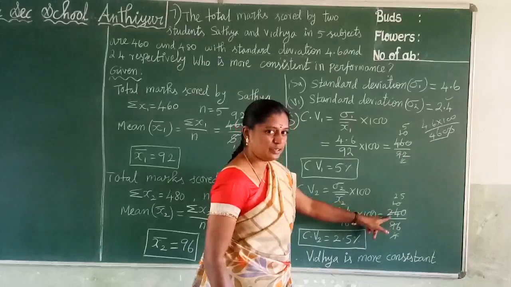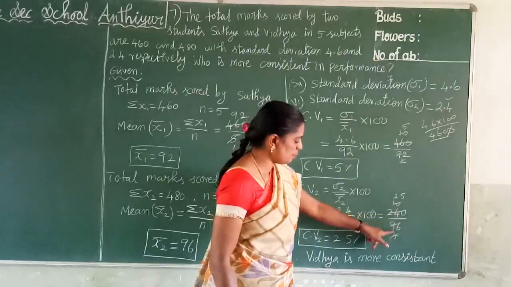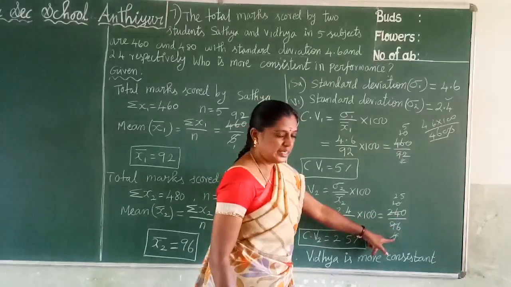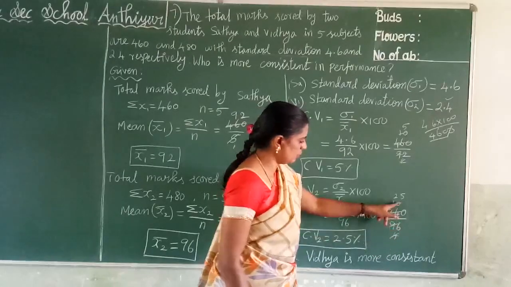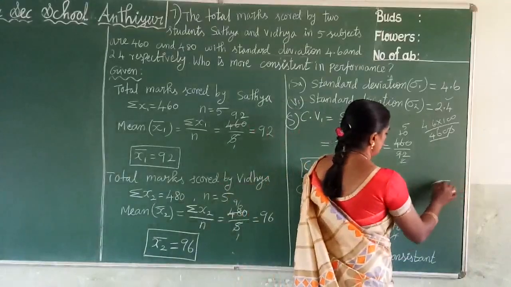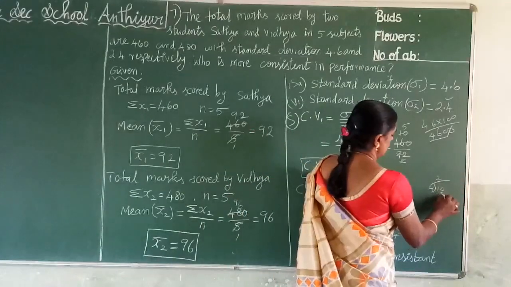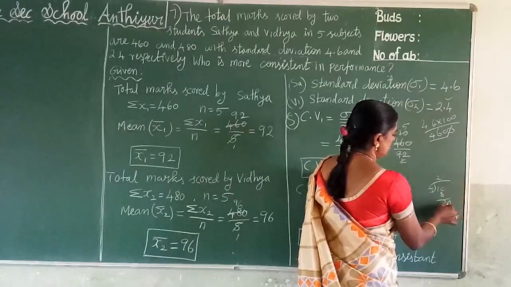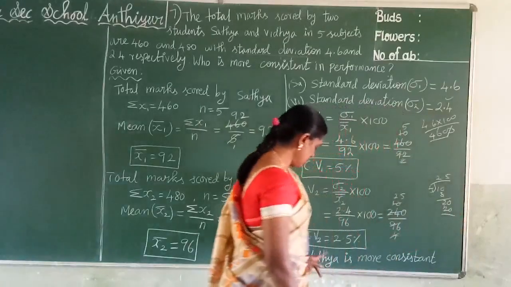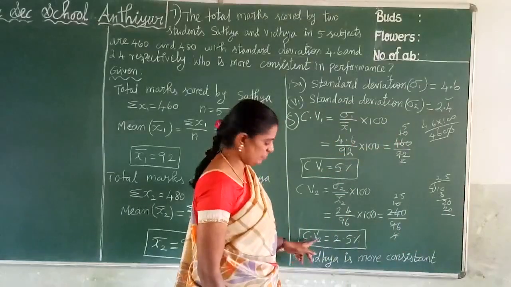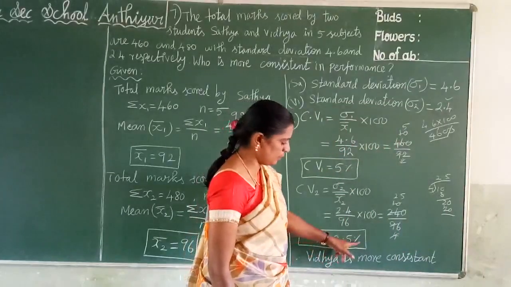Here I apply the 24 table. 1 24 is 24, 4 24s are 96. Clear? And then 1 4 is 4. Here apply 10. 1 4 is 4, 2 4s are 8, remainder 2, 20 means here point, 5 4s are 20. Clear? So 2.5. So Vidya's coefficient of variation is equal to 2.5%.